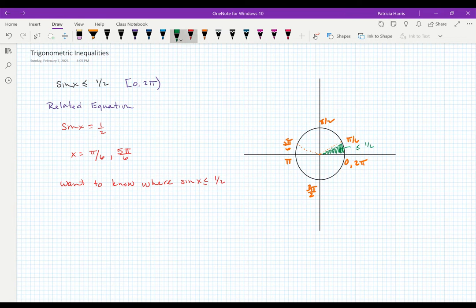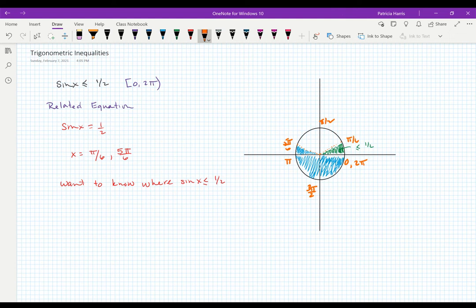Once it hits 5 pi over 6, we get below that 1/2 mark. Remember, sine at pi is 0. Once it hits the 0, it goes down into the negatives. So that's all less than or equal to 1/2.